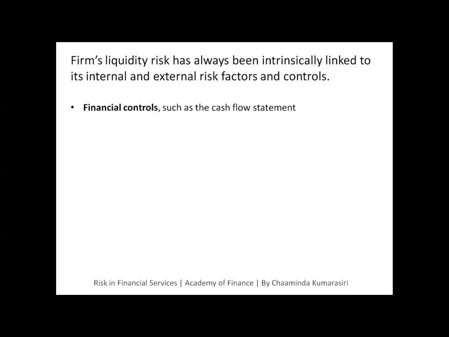Right. Now, in an organizational setup, this liquidity risk is connected to many other variables and factors. That is also important for you to understand. The financial controls, like financial statements, cash flow statements. The cash flow statement is the one that captures the cash movement, receipts and payments, right?